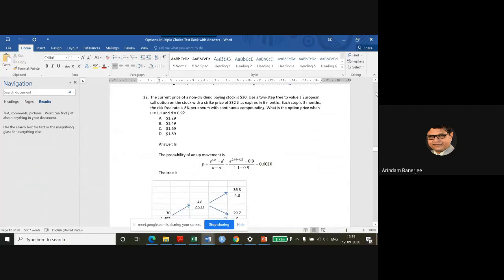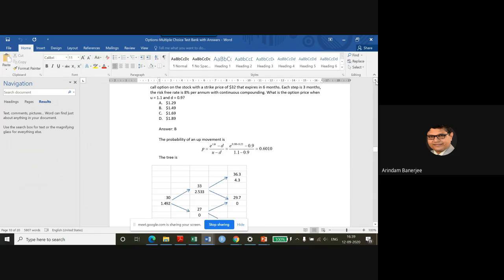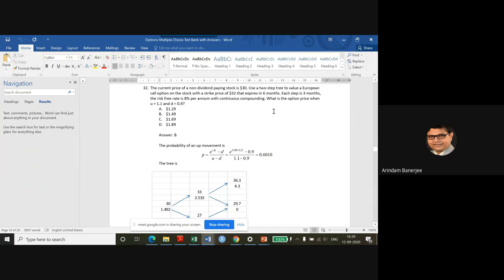Yeah. So this is a problem. The current price of a non-dividend paying stock is $30. Use a 2-step tree to value a European call option on the stock with a strike price of $32 that expires in 6 months.